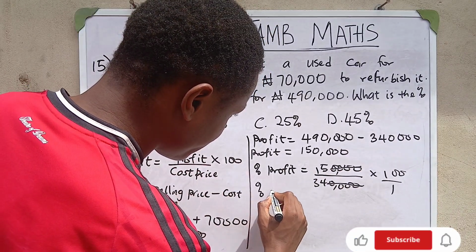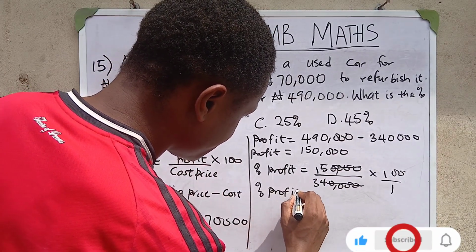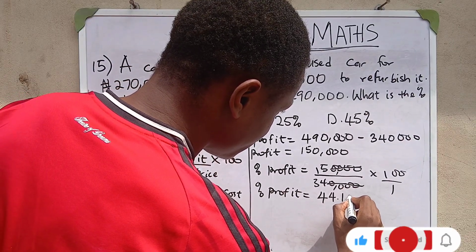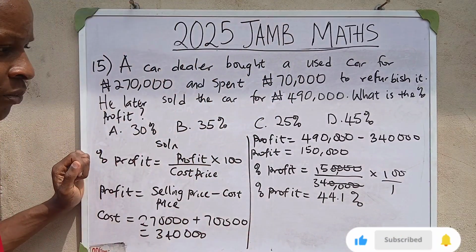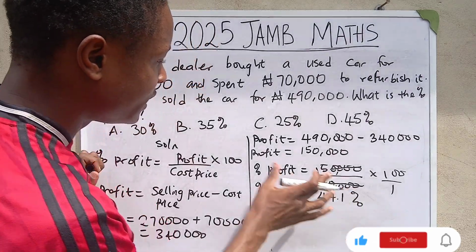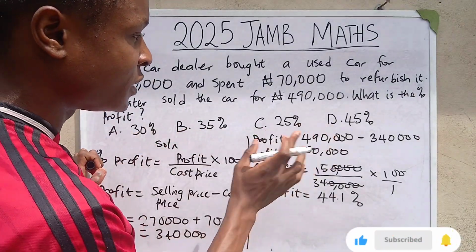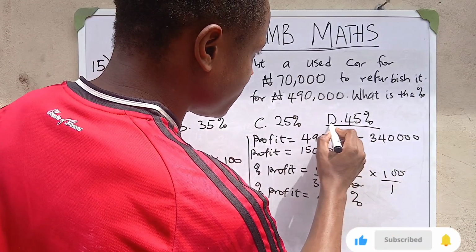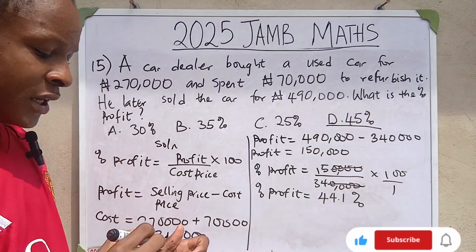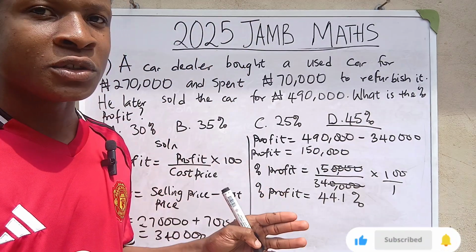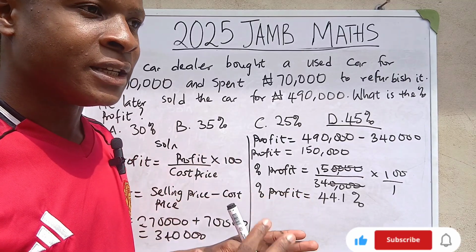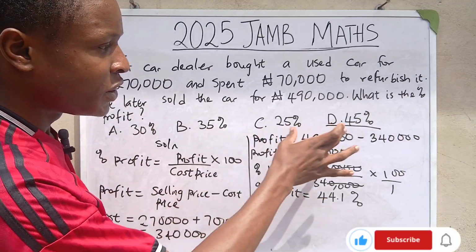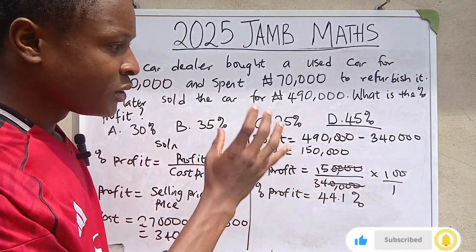So our percentage profit is 44.1%. Now this value is not found in the options, but the one that is closer to the answer is this one. So this is the answer. In a case where you've solved and you're sure of your answer, but the value you got is not exactly what is in the options, you choose what is closer to what you have in the options.